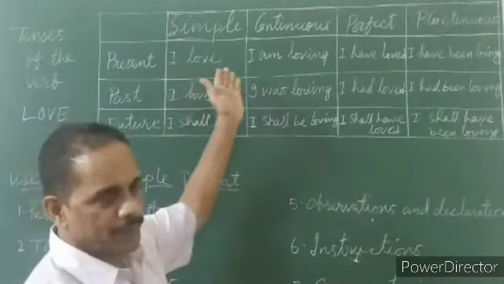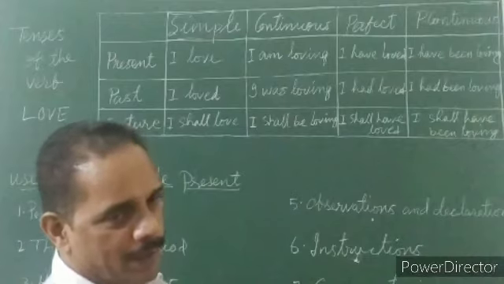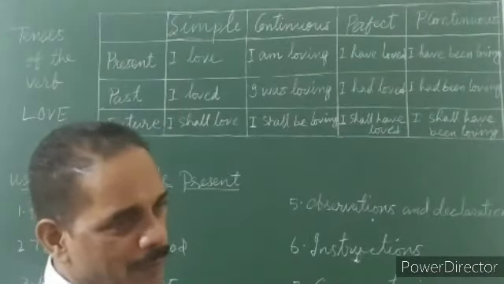So it will be he loves, she loves, it loves. It's only in the present simple. Suppose you take the verb eat, then it will be he eats, she eats, it eats. That you should never forget. When you write your essays and all, you make mistakes like that.